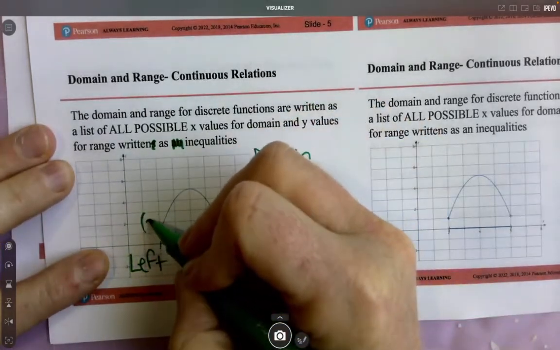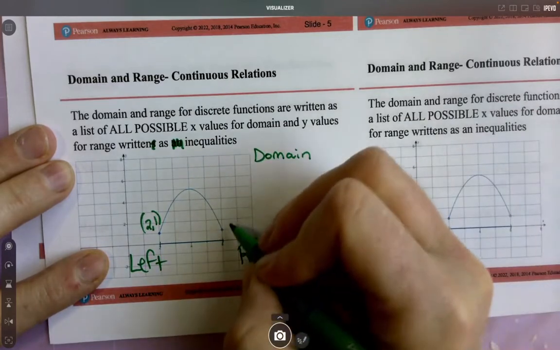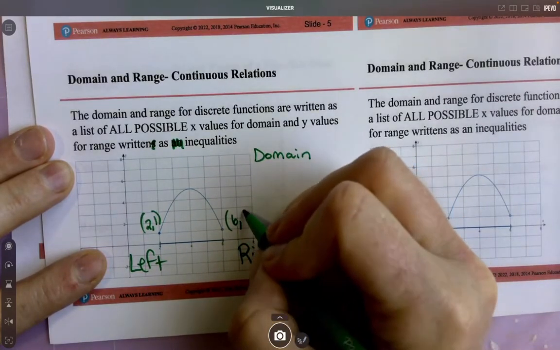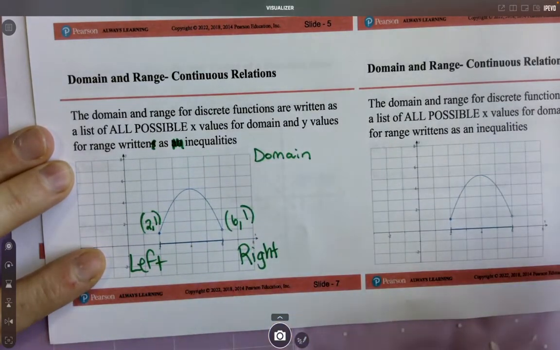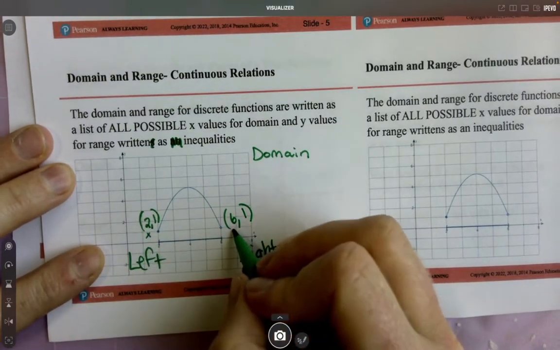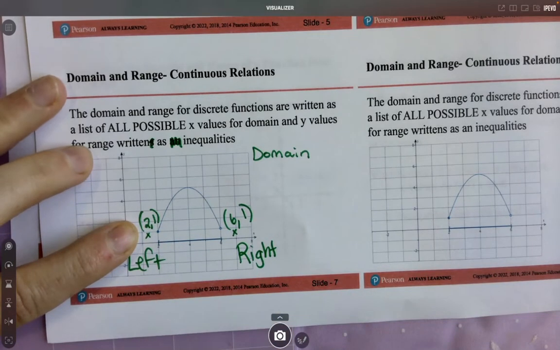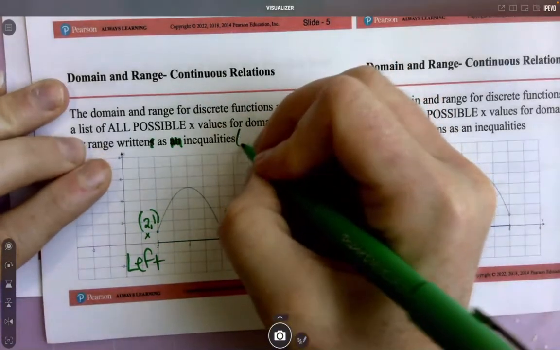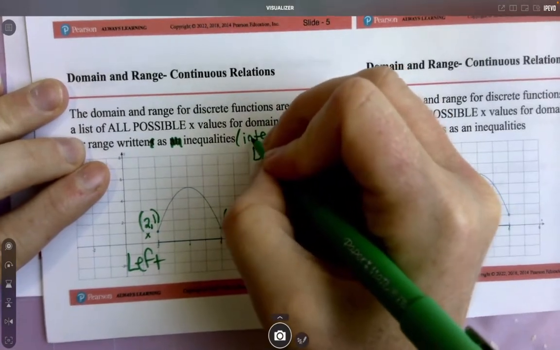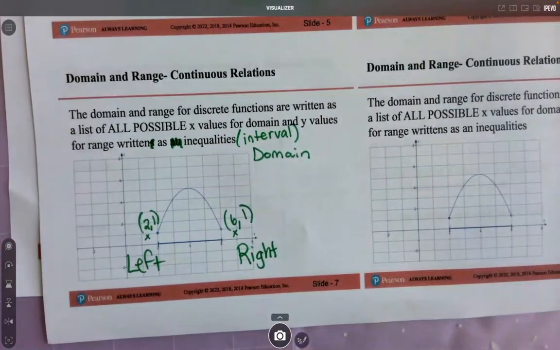I'm going to write the coordinates for that, 2, 1. And then right is 6, 1. For domain, we're only looking at the x's. So it's from 2 to 6. We're going to write it as a compound inequality. We can also write it as an interval. So it's not just inequalities, you can write it as an interval too.